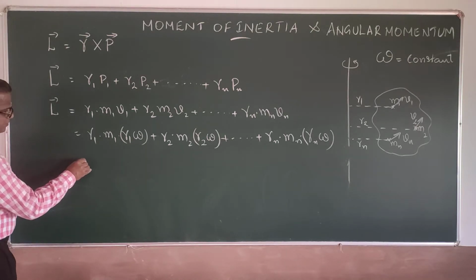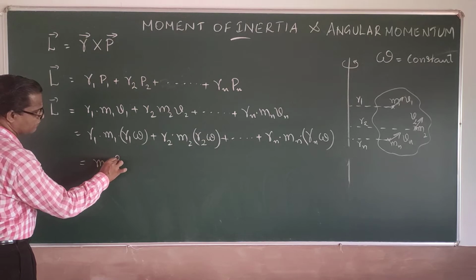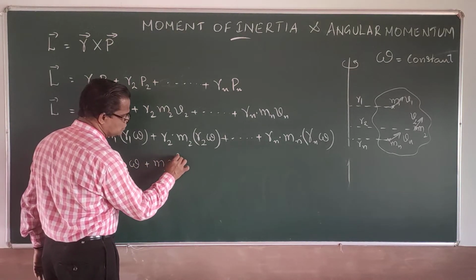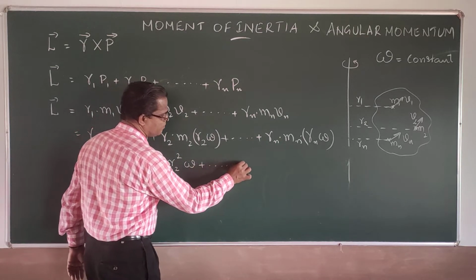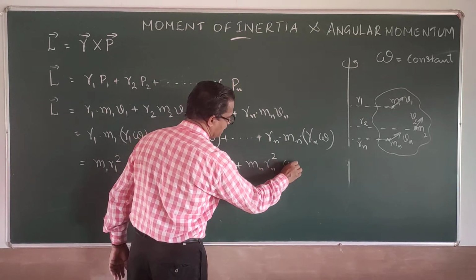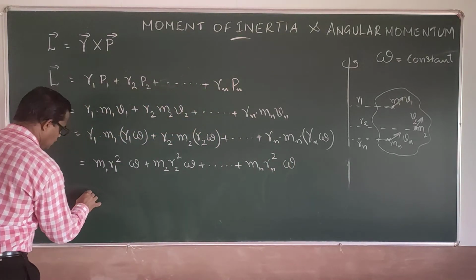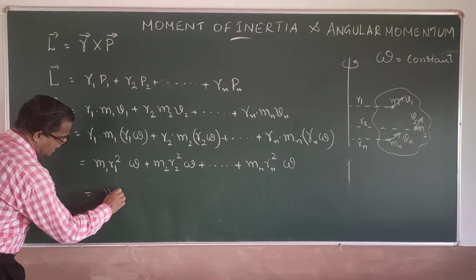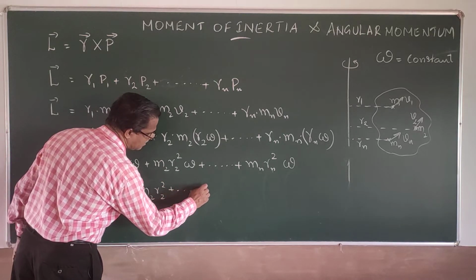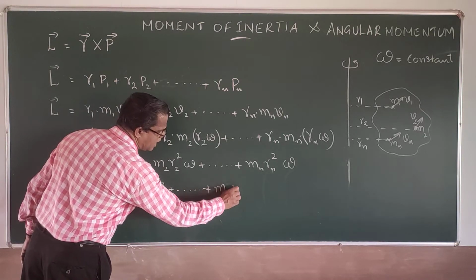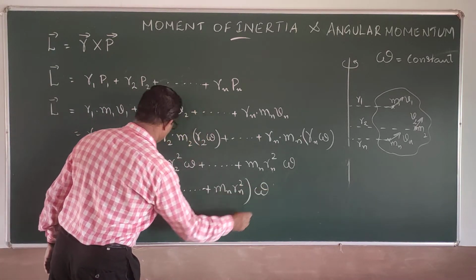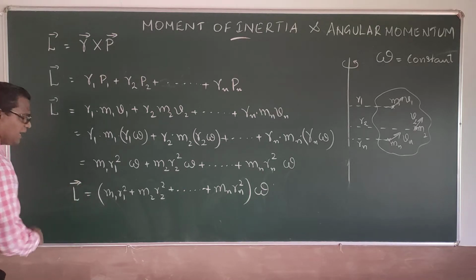So this can be written as M1 R1 square omega plus M2 R2 square omega plus etc. plus Mn Rn square omega, that is, (M1 R1 square plus M2 R2 square plus etc. plus Mn Rn square) into omega, which is the angular momentum L.